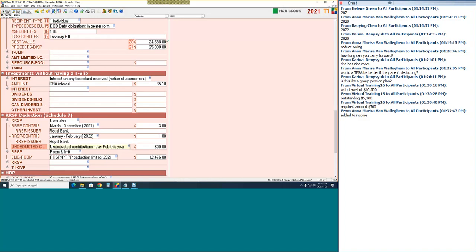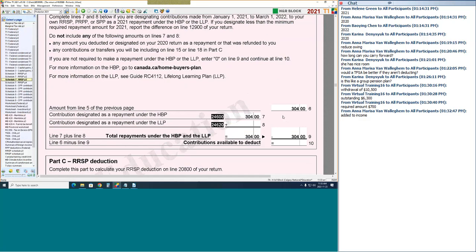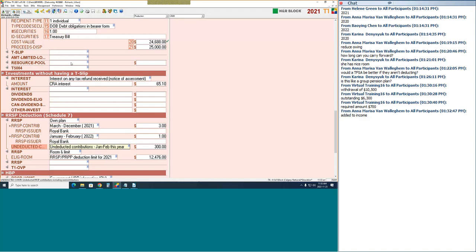So I'm going to show you, if I changed it to January, February undeducted contributions, it would make them available for the repayment, but you would have to make sure that that's when the contributions went in the account. So we'd need to verify that on our receipts. If that wasn't the case, it wouldn't be an option.